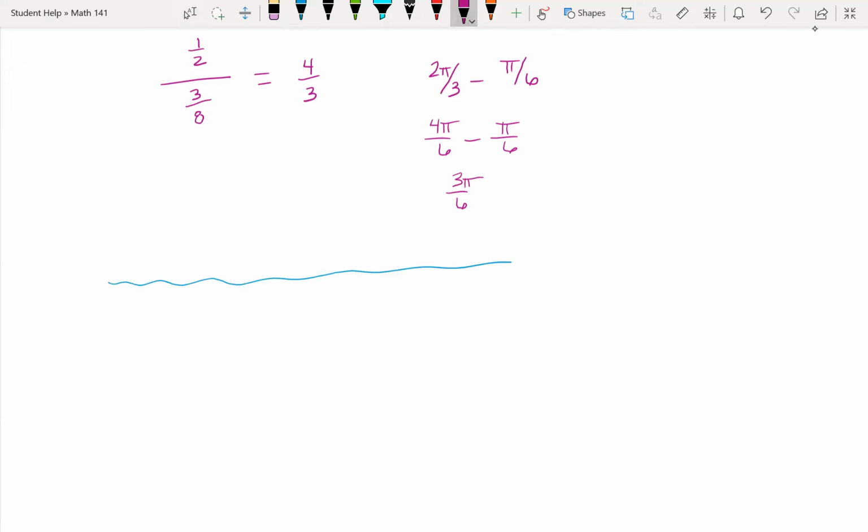Suppose that I had 3 plus 2 square root of 3 i, and I wanted to raise this to the 4th power. I would have to multiply this out 4 times, right? And so it would be this lengthy process of multiplying it twice, and then multiplying it again, and then multiplying it again, right? This would take me a really long time.